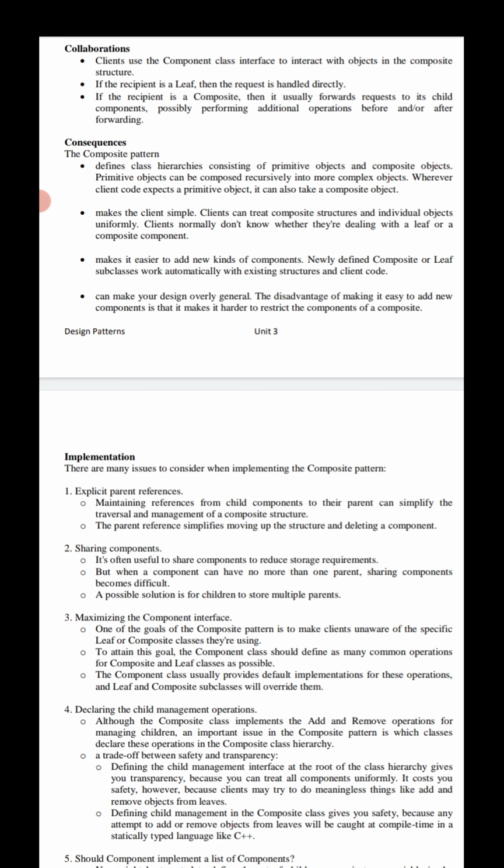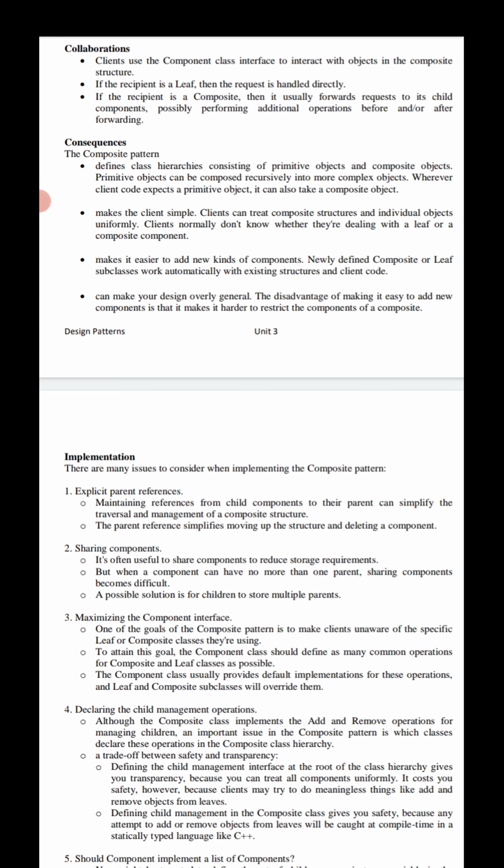And coming to the next point of collaboration, related to the composite design pattern: if the recipient is a leaf, then the request is handled directly. Leaf has no children, so the request is manipulated directly.